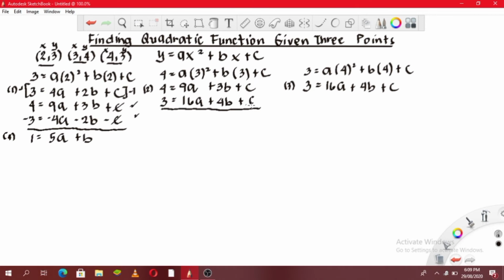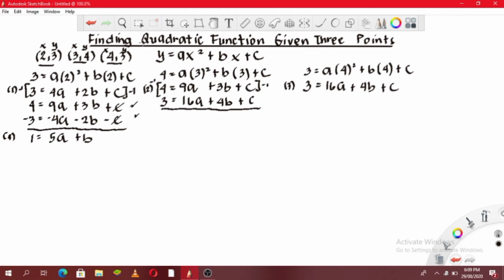Pero dahil magkapareho ng signs, ibig sabihin may gagawin na naman tayong negative dito. Let's say, gusto kong yung equation number 2 ang maging negative C. So, I will multiply the whole equation with negative 1. Okay po? Ibig sabihin, each terms of this equation will change its signs.